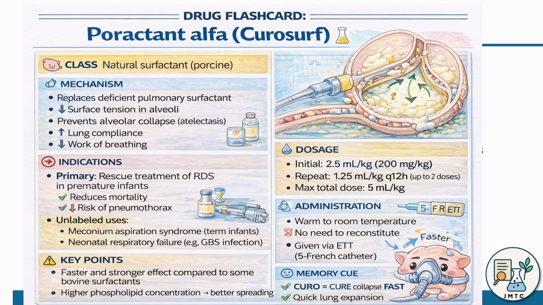So, this is kalahati, 1.25 milliliters per kilogram every 12 hours up to 2 additional doses. And lastly, ano ang key administration consideration for Curosurf? You need to warm it to room temperature, no need to reconstitute, and you administer also via ETT using 5 French catheter in 2 aliquots.